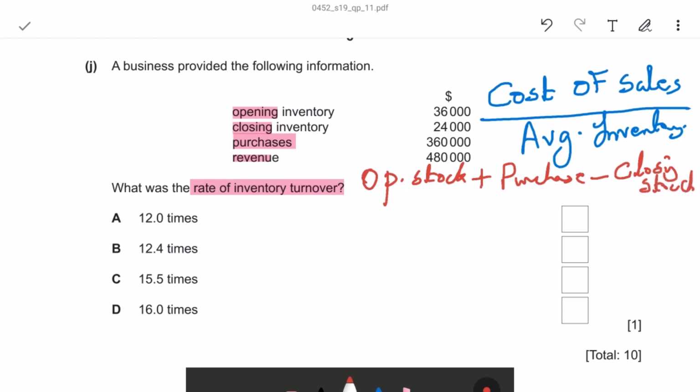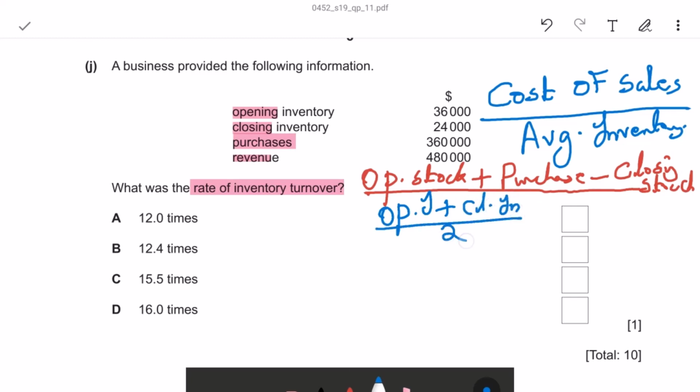What is average inventory? Average inventory is equal to opening plus closing inventory divided by 2.